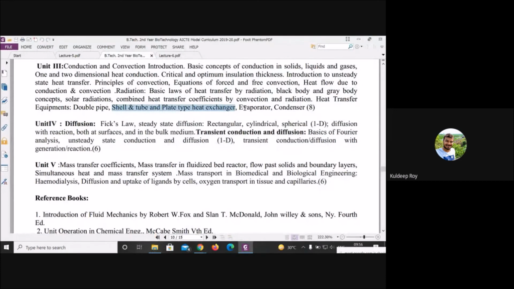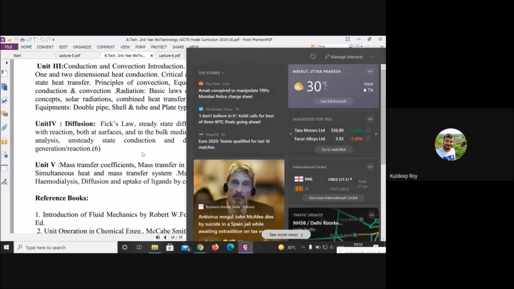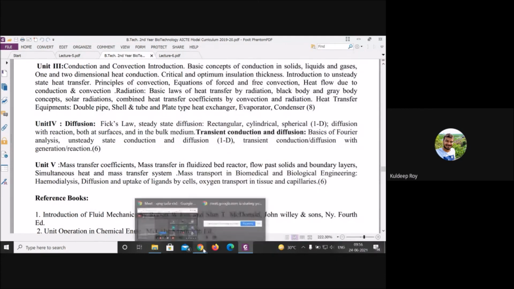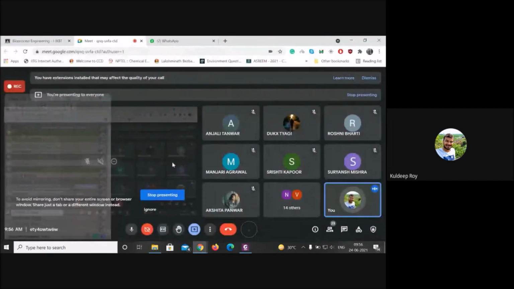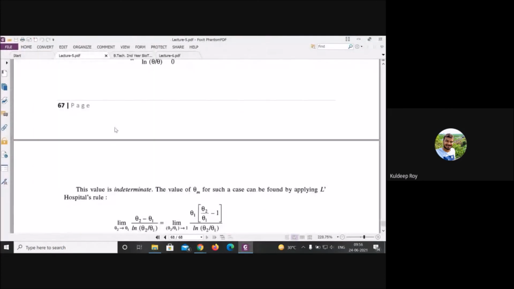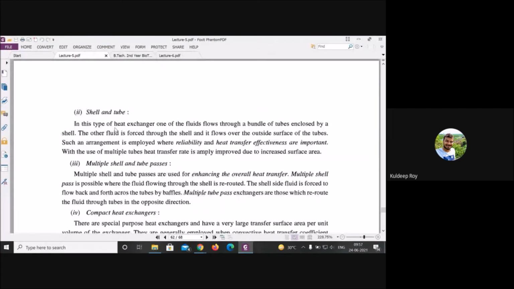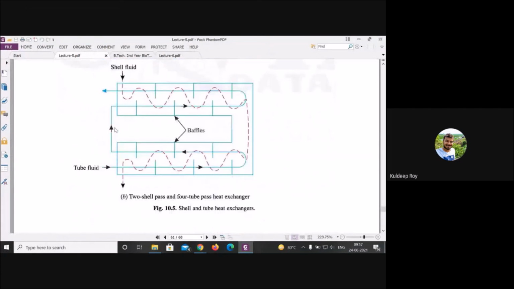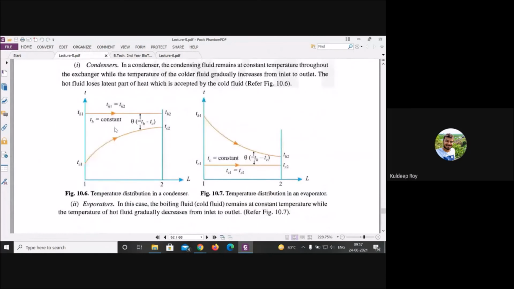And two more things, like evaporator and condenser, as I already told in the last class. Condenser: what does that mean?